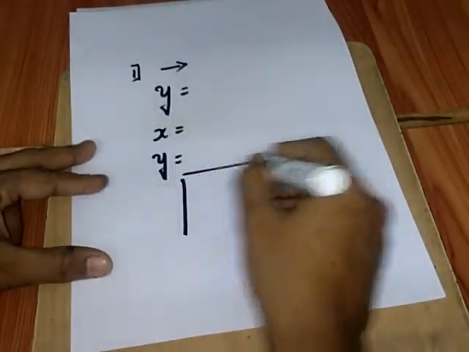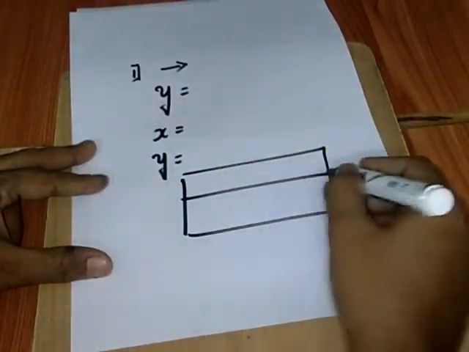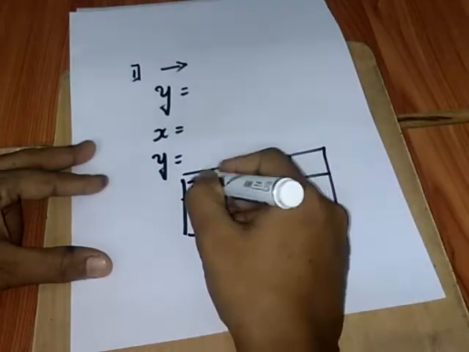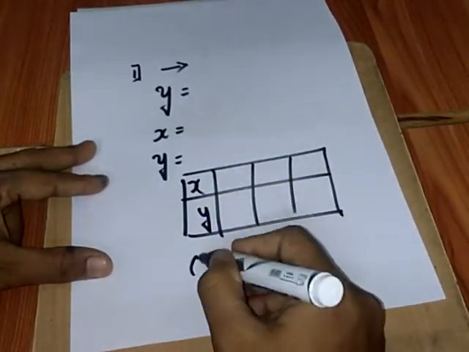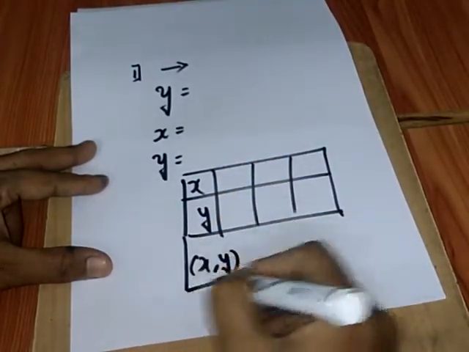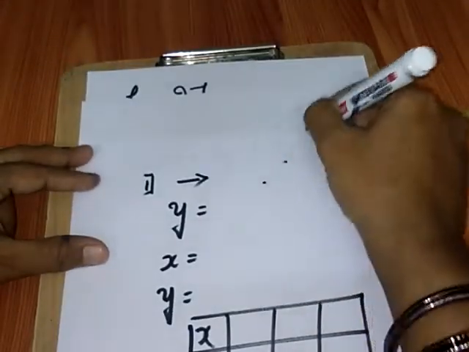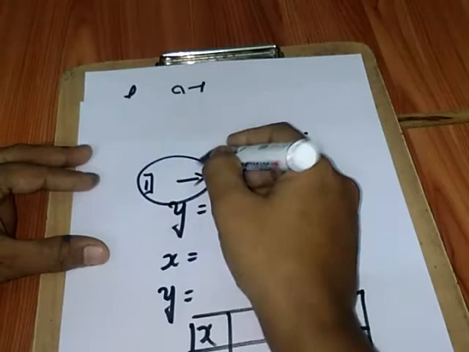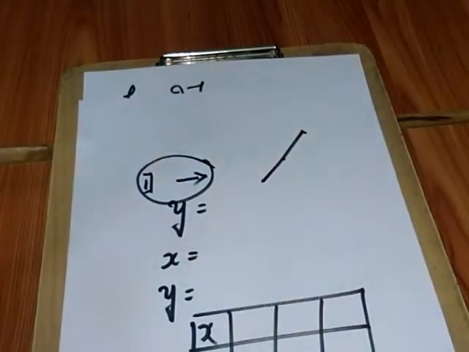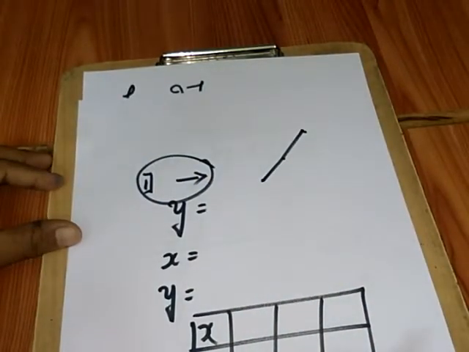Hence we are going to form a table with three points, x and y. So x comma y is the point to be plotted on the graph. Once the points are plotted on the graph for the given equation, we'll get a straight line. I hope you remember these three steps.